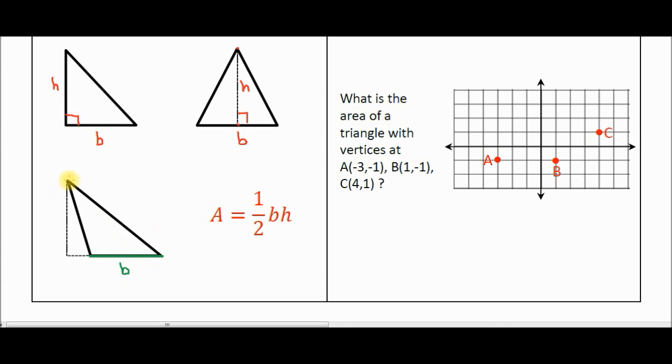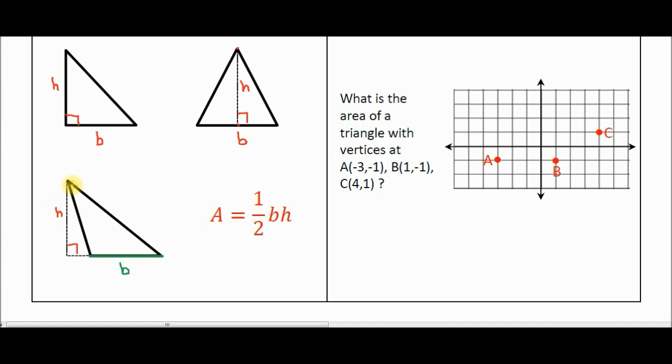And then the only reason this dashed line is here is to show you, to measure the height of this triangle, we can just temporarily extend the base out. We're going to create a right angle or a perpendicular line right here. And this measurement right here is then going to end up being our height.